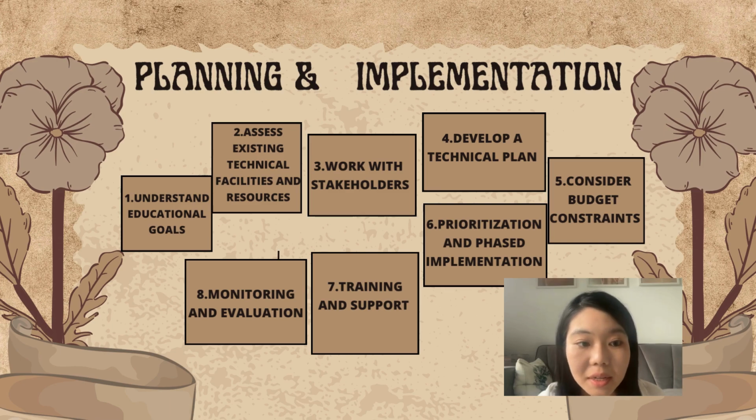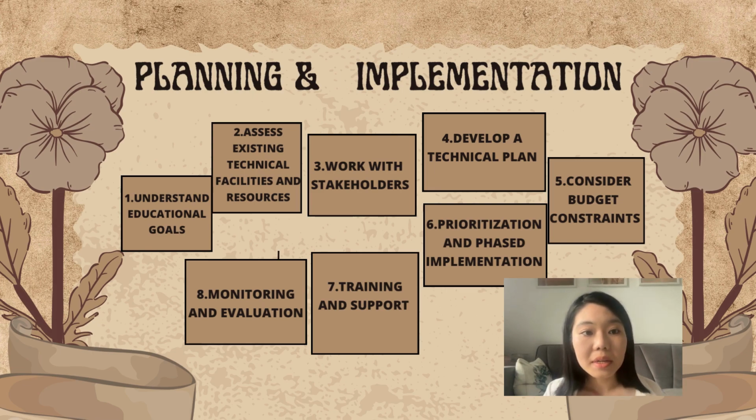The second one is assess existing technical facilities and resources. Analyze the school's current technology infrastructure, hardware, and software resources. Understand the strengths and weaknesses of existing technology facilities to identify priorities for improvements.